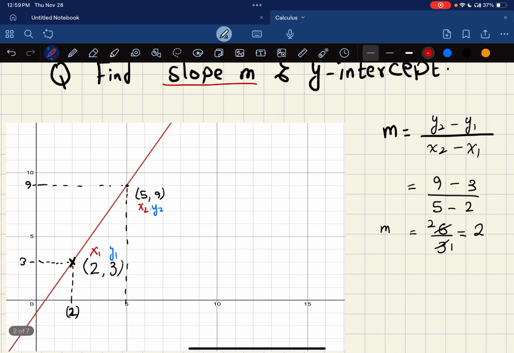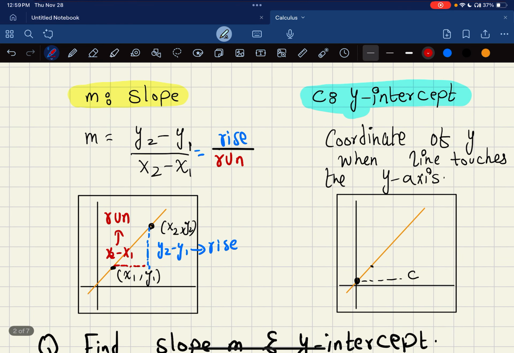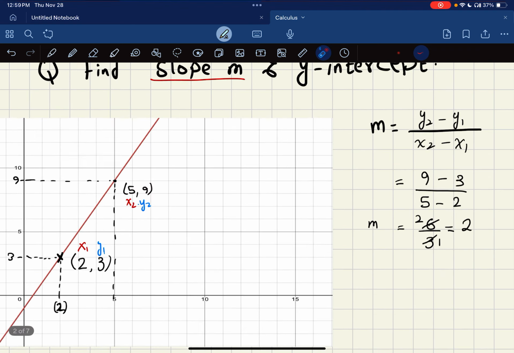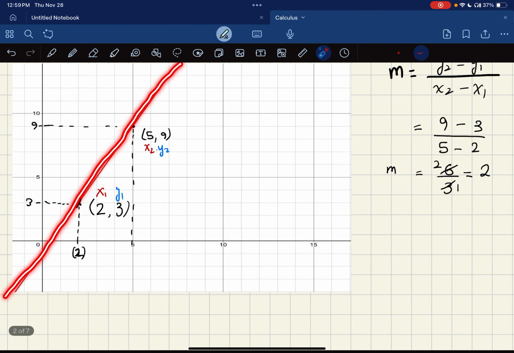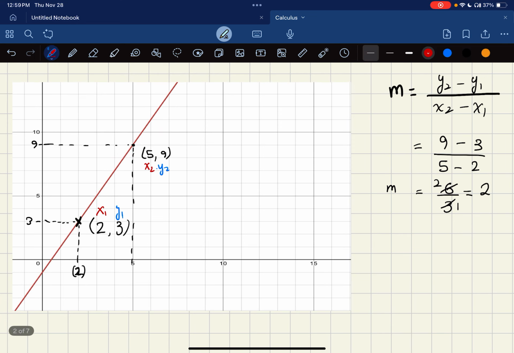Now let's get to the y-intercept. Remember, what was the y-intercept? It is the y coordinate when the line touches the y-axis. Let's see where that is happening. So this is our line. We have to see where it touches the y-axis. Remember that this is our x-axis and this is our y-axis.